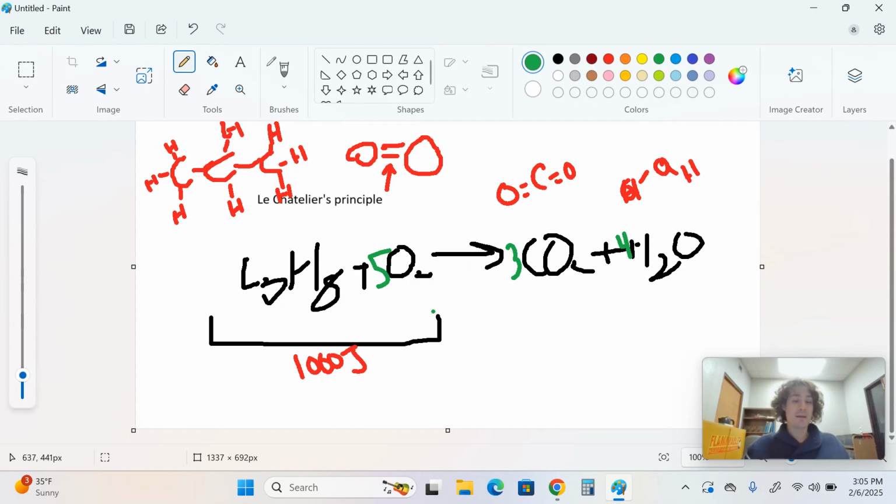I'm going to take for granted that the reactant side has this many joules of energy, and the product side, let's just say, only has 800 joules of energy stored in these bonds.